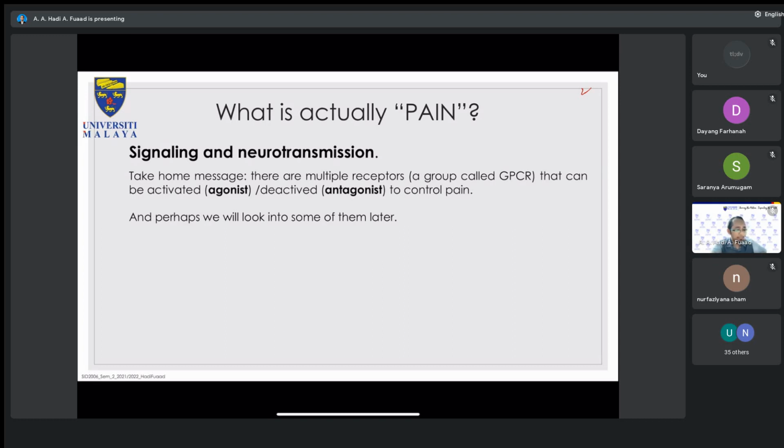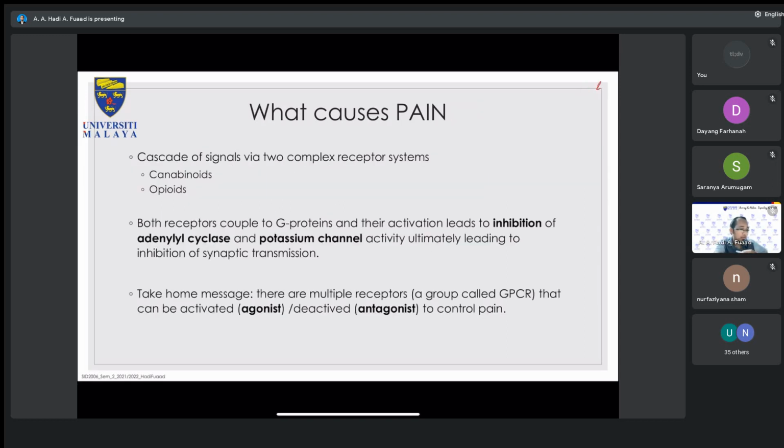We'll look at that very briefly, I think, next week. Again, it's a cascade of signals via two complex receptor systems. We have cannabinoid and opioid receptors, as shown in the previous two slides.